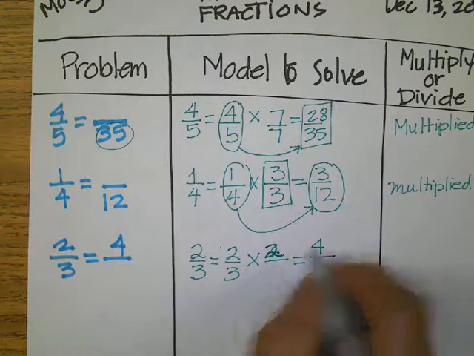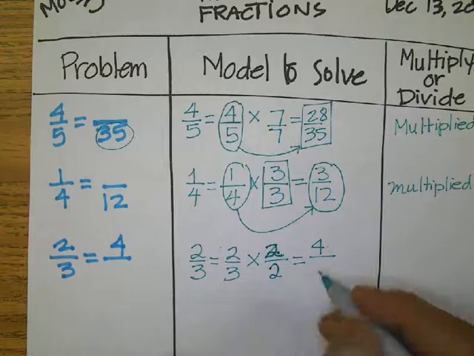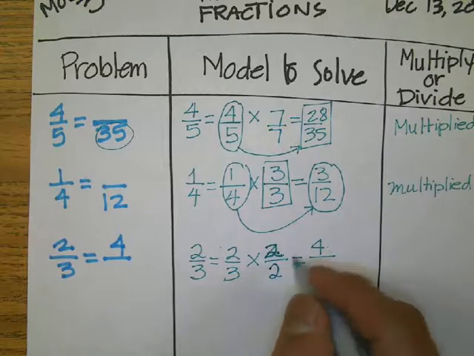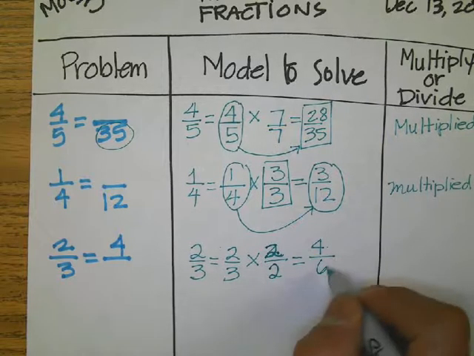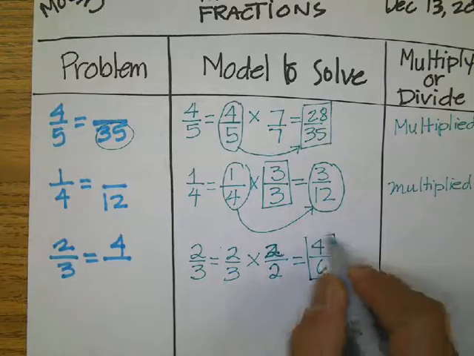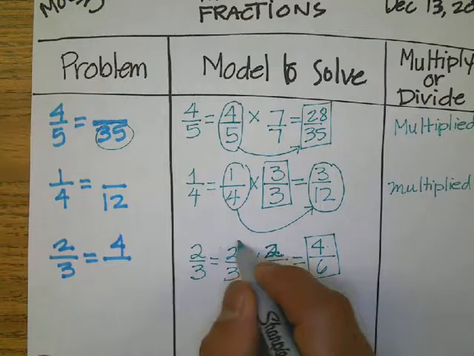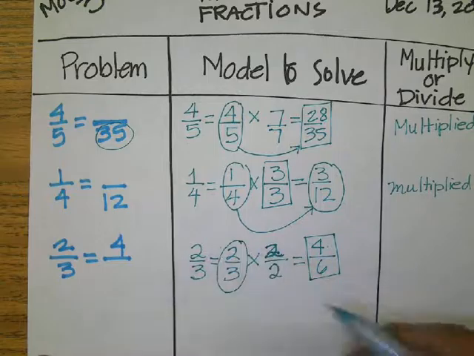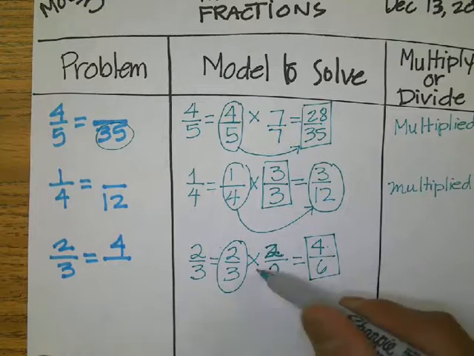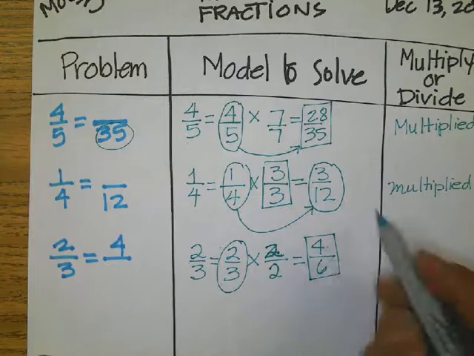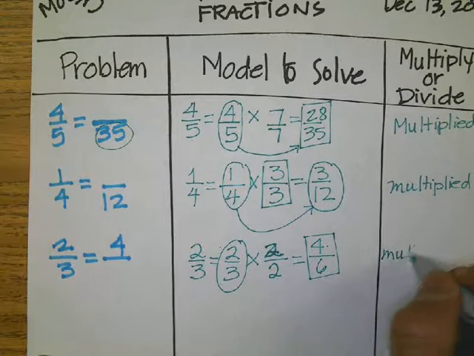So the denominator must be multiplied by the same digit. 2 times 3 equals 6. So here is our new fraction. Now what happened? Well, it was a fraction with small numbers, and then the numbers increased. So what did I do? I multiplied. That's what I did, my friends.